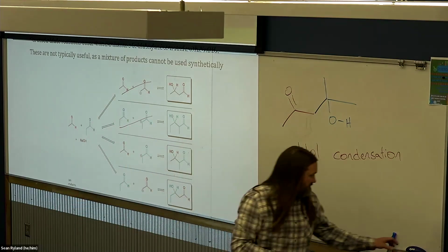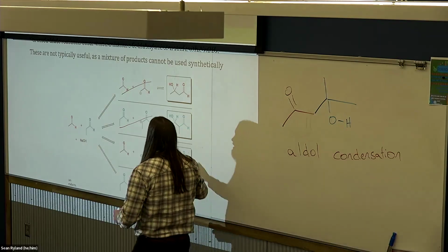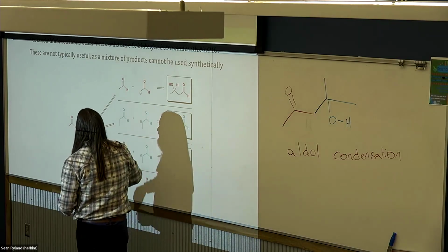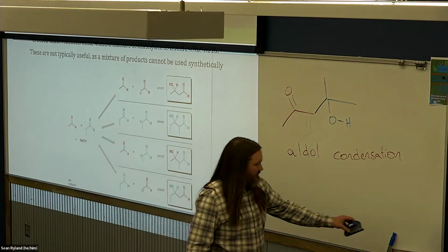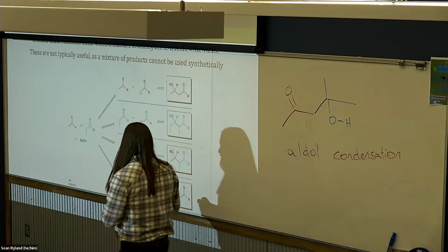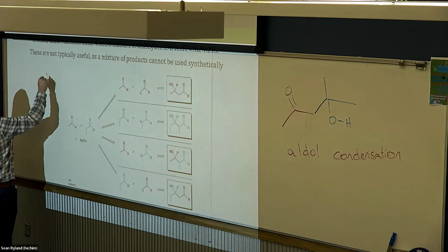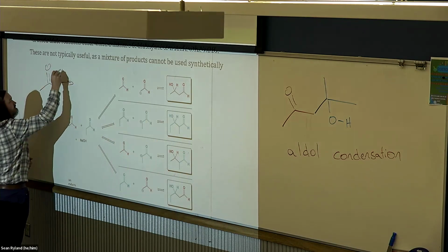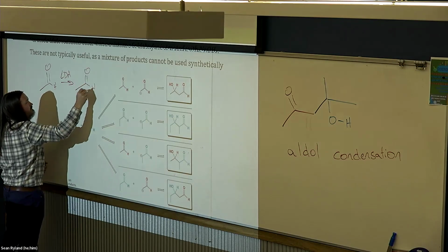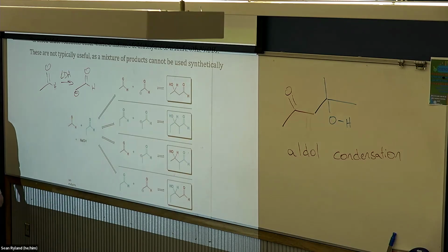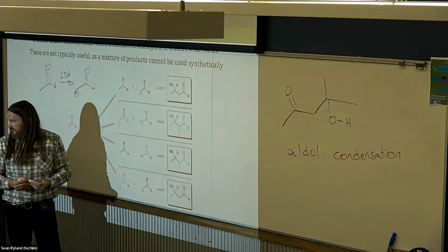What if instead of putting all 3 of these in the pot at the same time, we made the enolate first, irreversibly, using one of our super strong bases, and then exposed it to the blue one.